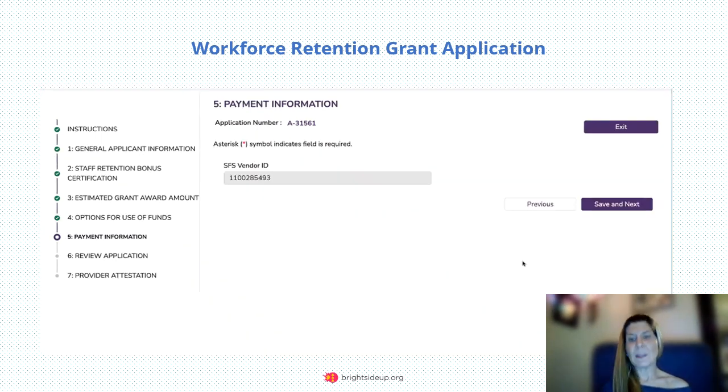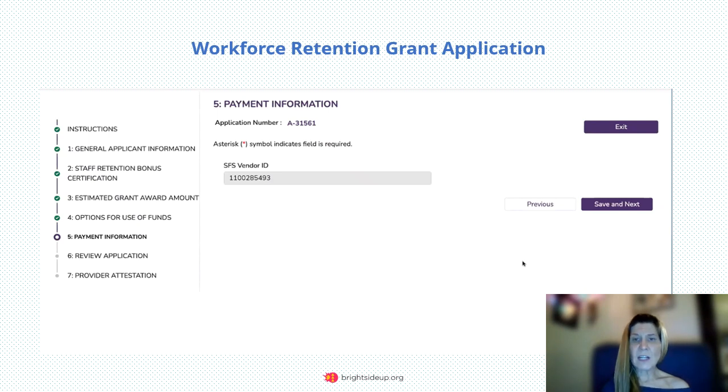I'm going to give you 2 separate scenarios with this same slide. The first scenario that we are going to look at is if the provider has already set up an SFS vendor account. So on the payment information screen, I'm a provider and I've already set up my SFS vendor account. What I'm going to see on this page is that my SFS vendor ID number is already pre-generated.